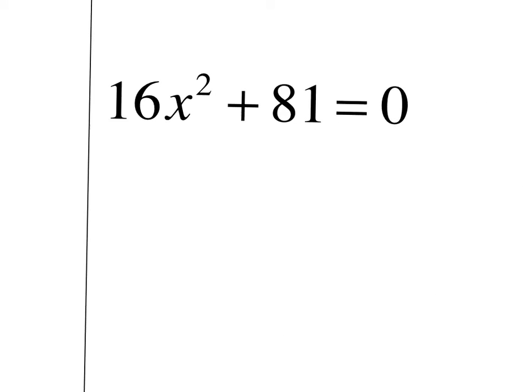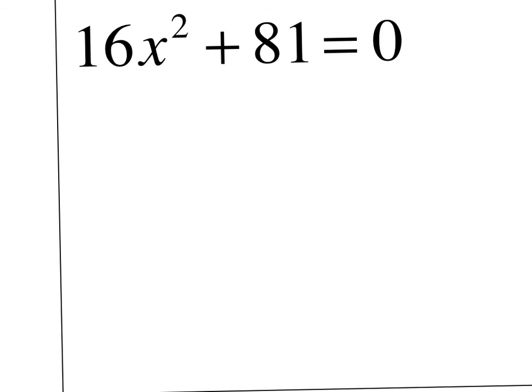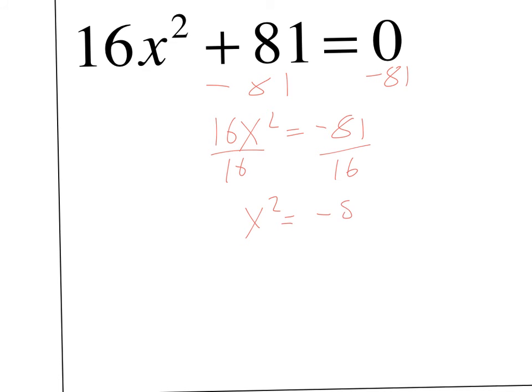Last one, we're looking at 16x squared plus 81 is equal to 0. Let's subtract 81 from both sides. 16x squared is equal to negative 81. Divide by 16. X squared is equal to negative 81 over 16. I'm going to square root both sides, and again we end up with the same conundrum.